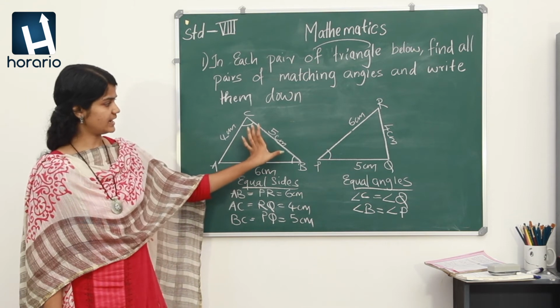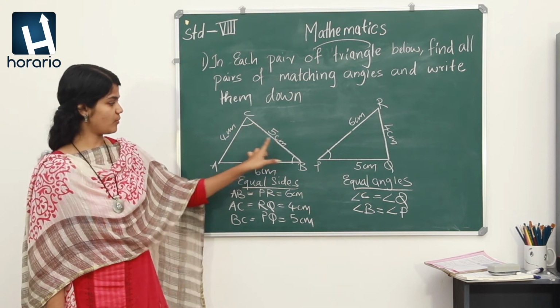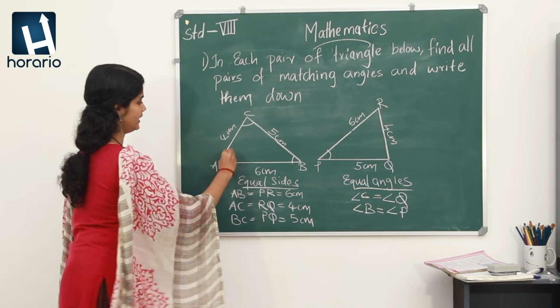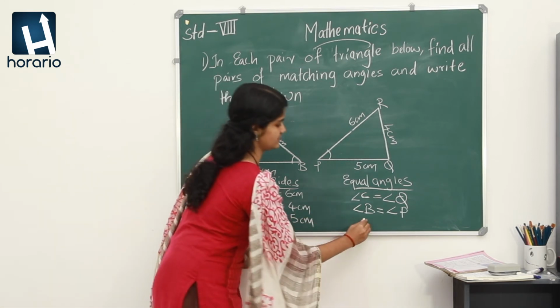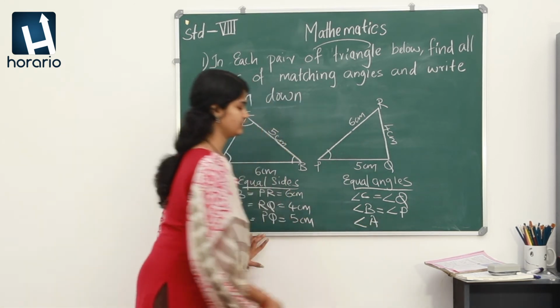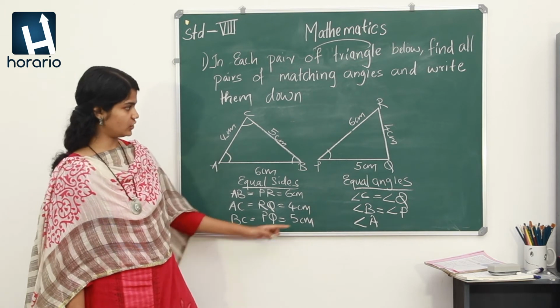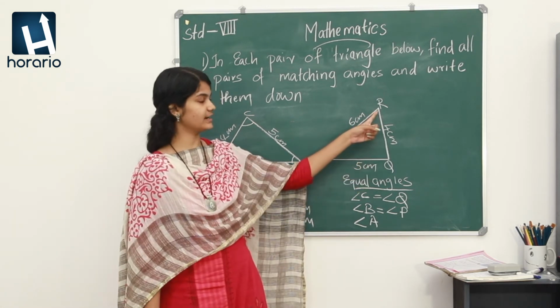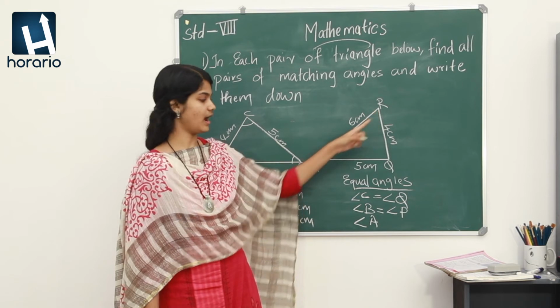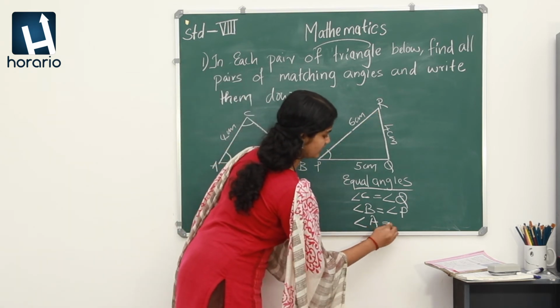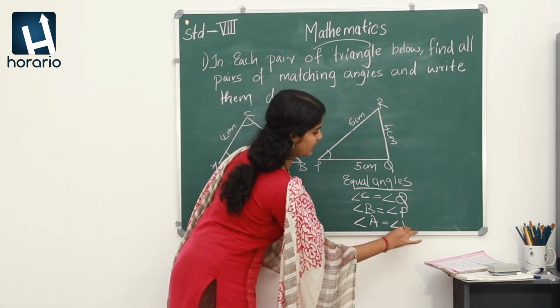Side BC's opposite angle is angle A. Yes, angle A. So, BC is equal to PQ. PQ's opposite angle is angle R. So, angle A equal to angle R.